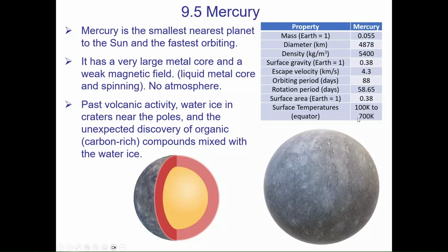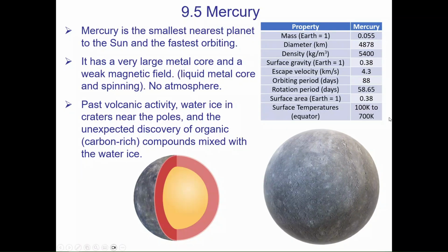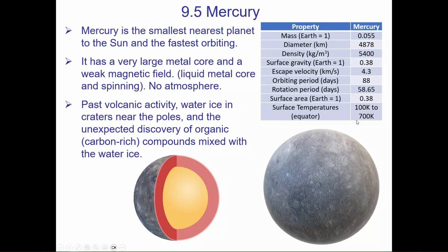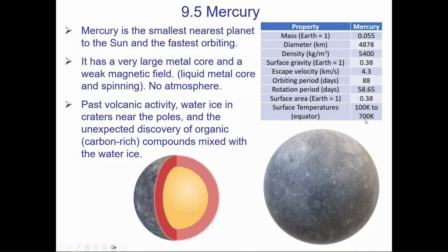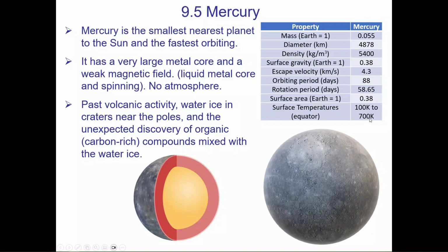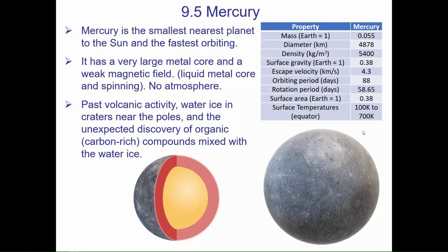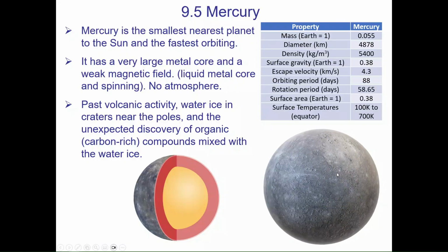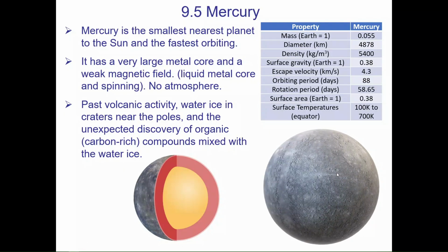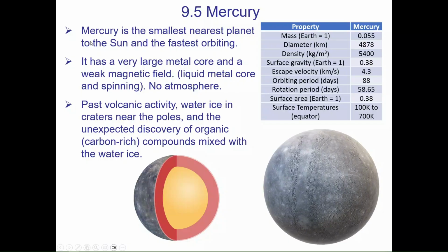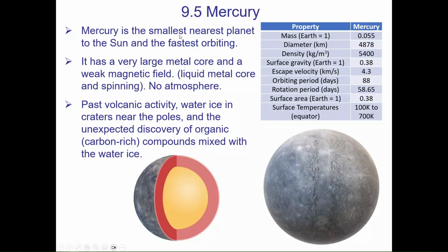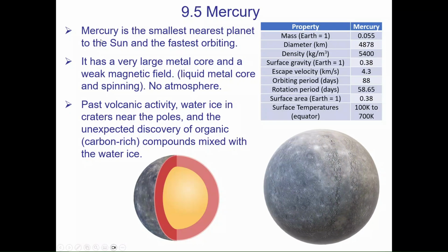However, it's even hotter compared to the Moon. Mercury's surface temperature can go over 700 Kelvin on the side when it's facing the Sun. That means when there's sunlight. One of the reasons you can think about is that Mercury, even though it's the smallest planet, is the nearest planet to the Sun.